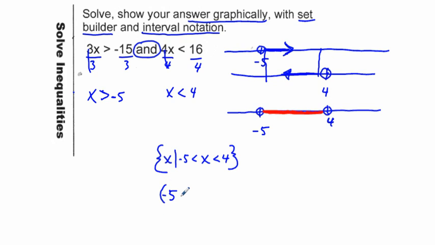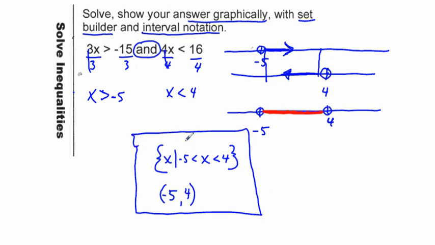So you use parentheses instead of brackets, and we go up to less than 4. So here we have the graphical notation with the number line, and then the set builder and interval notation.